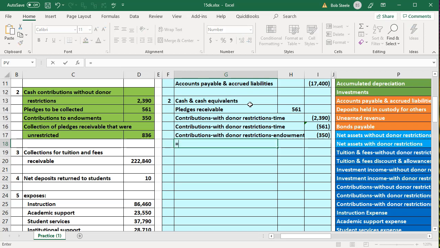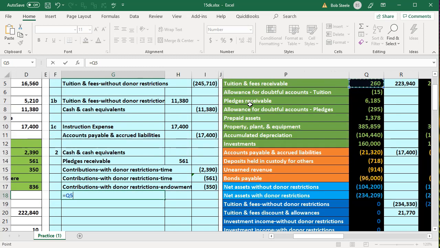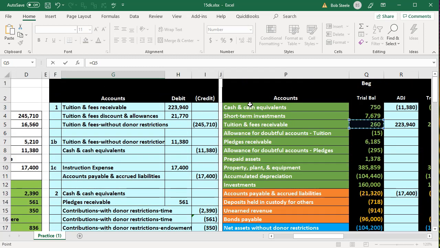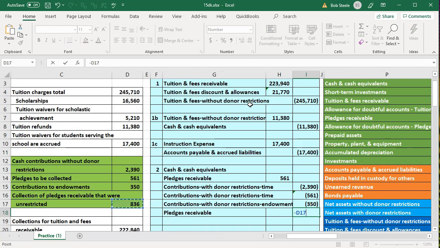So we'll be reducing the pledges receivable up top. And so we'll say pledges receivable, and that's going to be the credit of the 836. And then we will do the plug formula to put the plug in here, negative sum of these items. And there's our plug formula, the 3576.